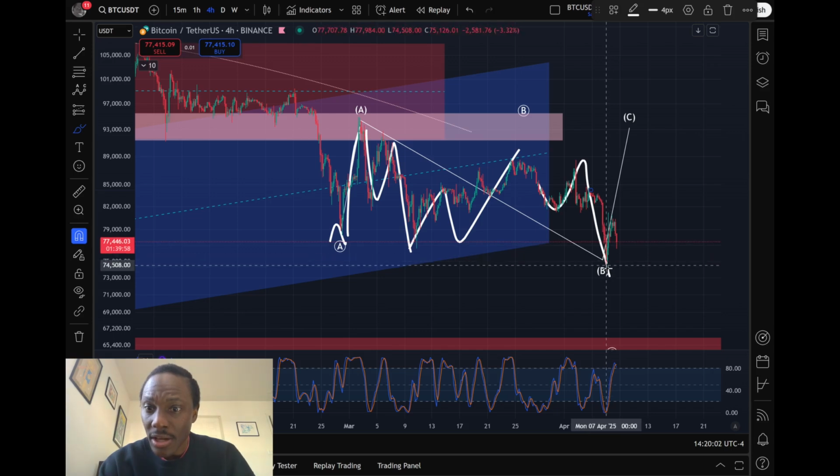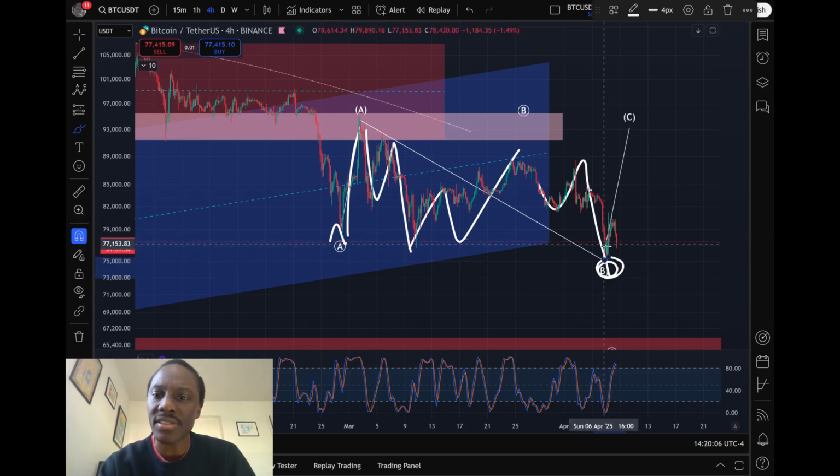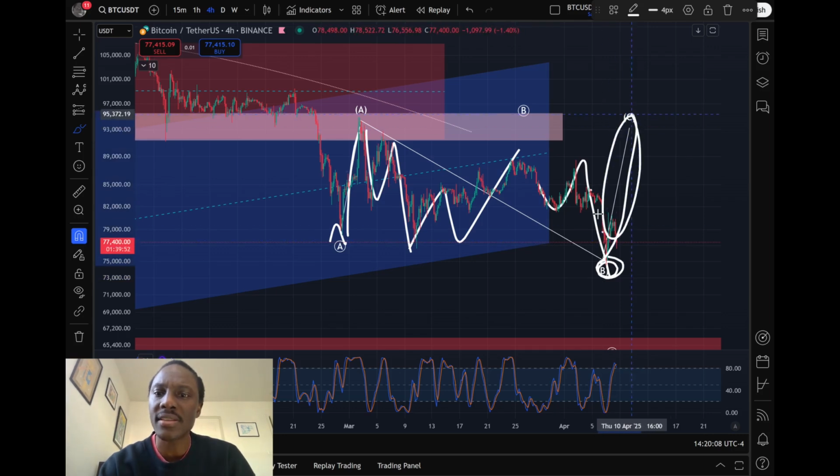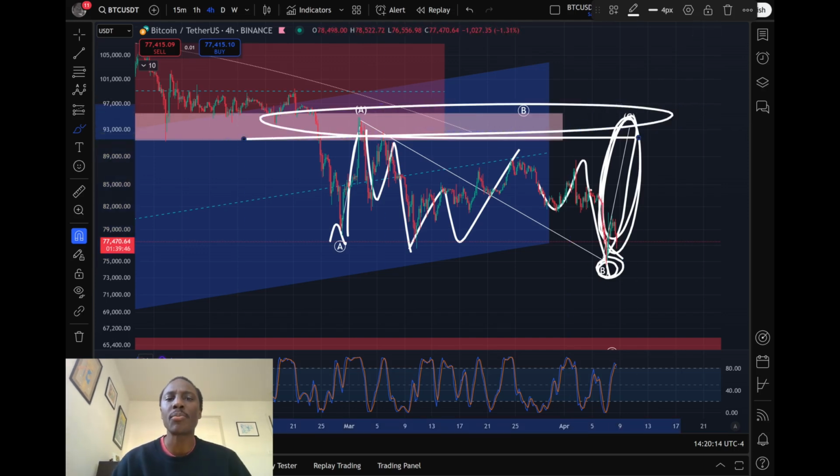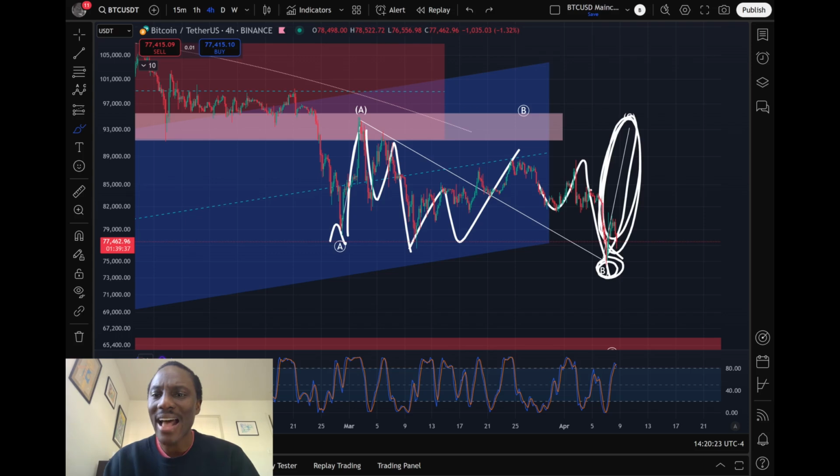This is the conclusion of the B wave of the B wave, okay? And now this is the recovery into the C wave, the final wave up that we've been waiting for, to our lost support in the pink box around 93, 94, 95, 96K, thereabouts, okay? So that's what we're looking for. That's the move we're looking for.